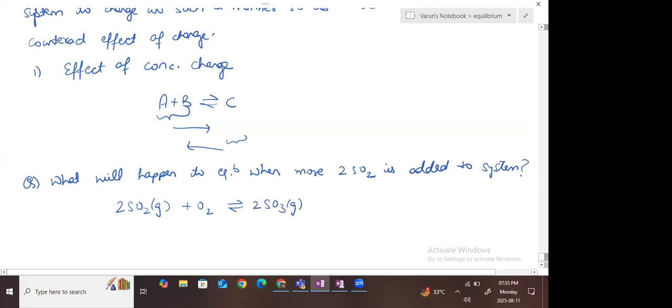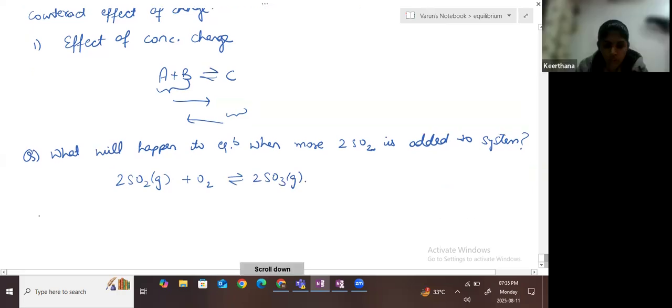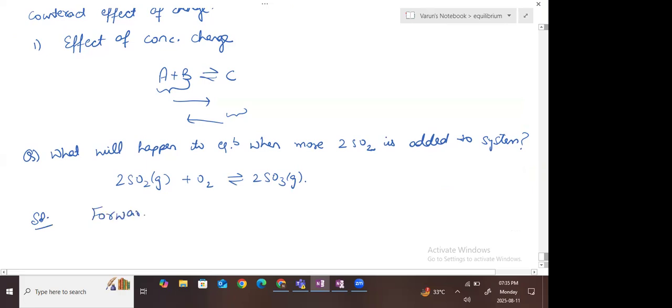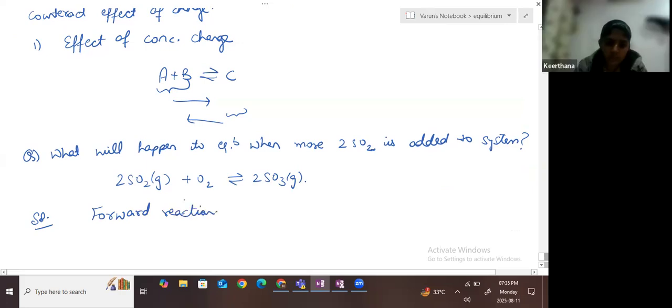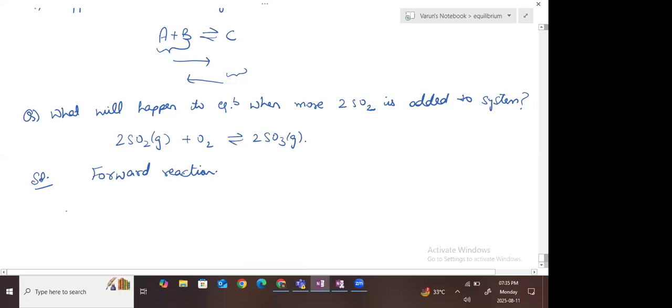So in which direction will your equilibrium shift? Forward direction. Is the concept clear, how the concentration changes the equilibrium? Yes, ma'am.